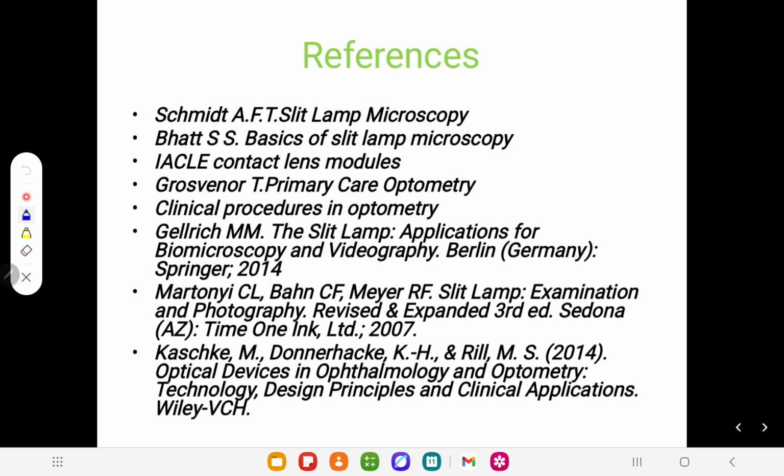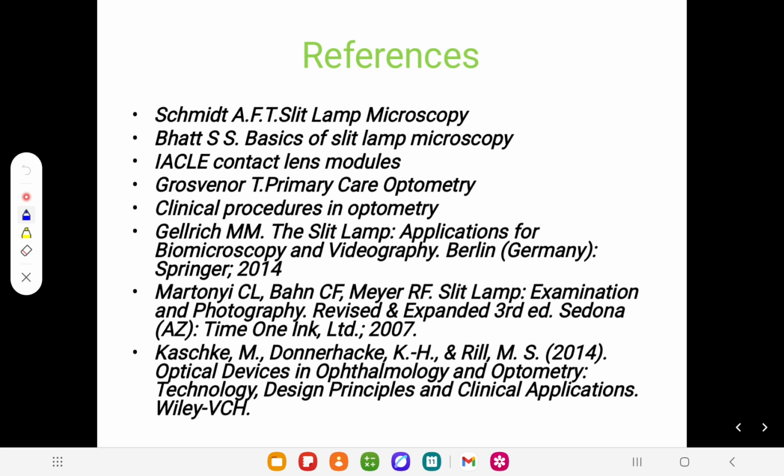So these are the references. The video is definitely too long, but whenever I show you the references, try to understand what they are. Because of these references I'm making the video, and because of them I have got the knowledge.